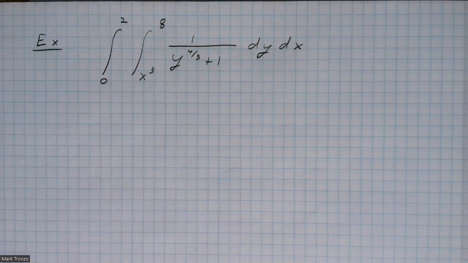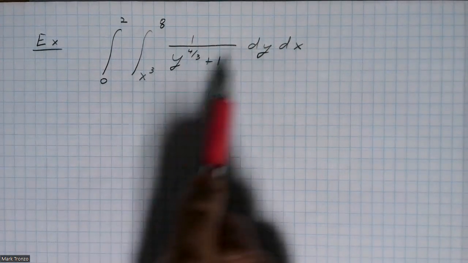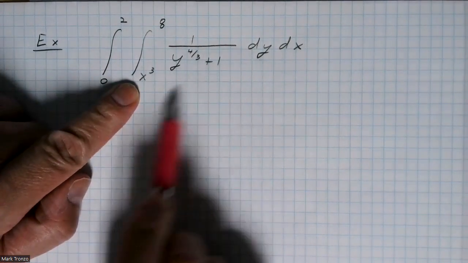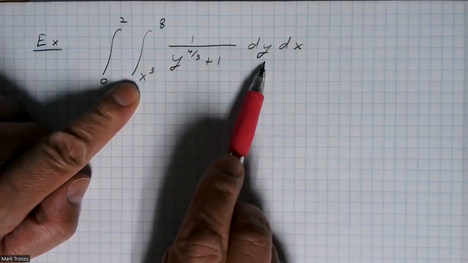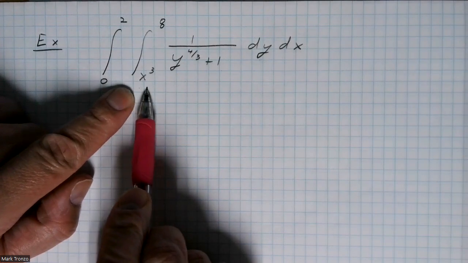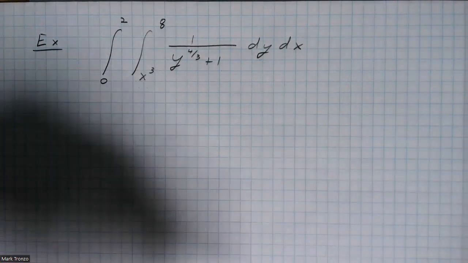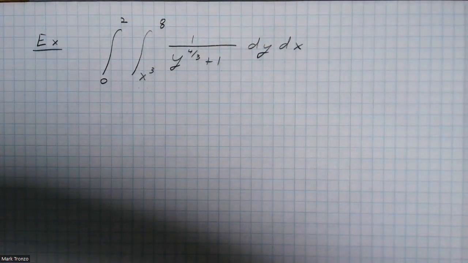So once again, we're going to change the order of integration. And again, keep in mind what we have here. According to this integral, this is the same as y equal x cubed up to y equal 8. So let's draw that. In fact, I've already done that here.